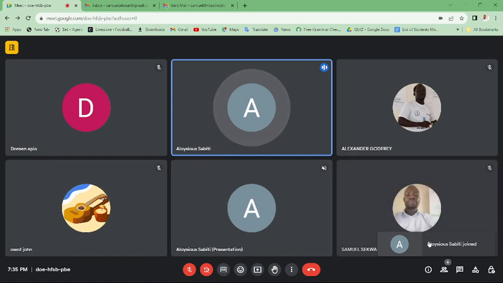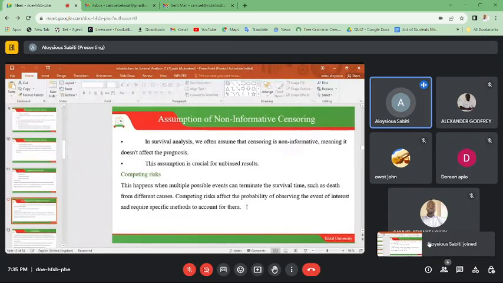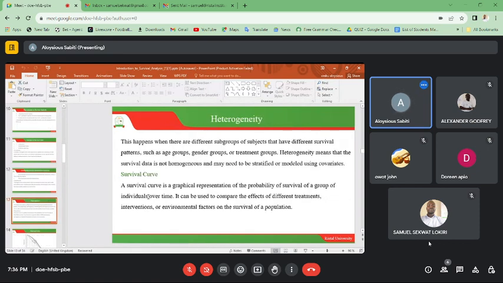So that would mean that the person succumbs to a different risk vis-a-vis the risk that you were subjecting the person to. And we just want to tap into what we also refer to as heterogeneity. This happens when there are different subgroups of subjects that have different survival patterns, such as age groups, gender groups, or treatment groups.